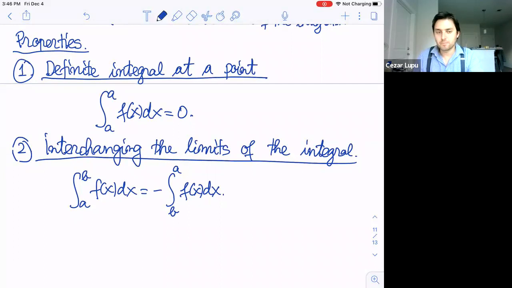I'll talk about more properties of integrals.